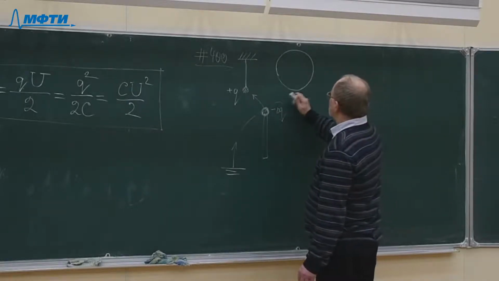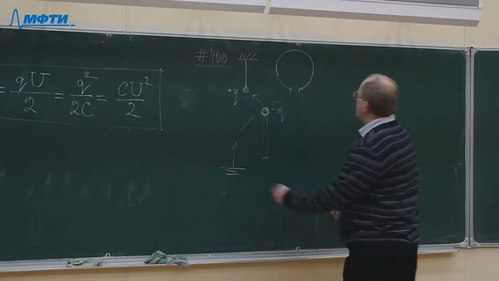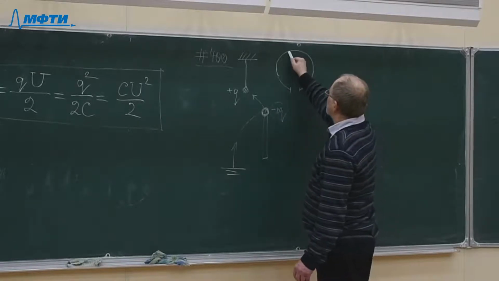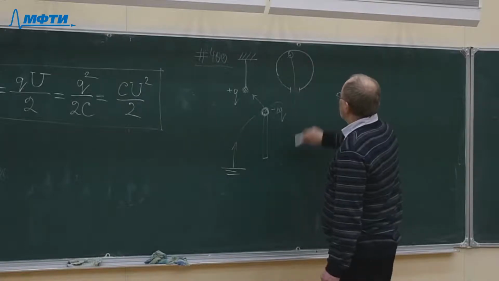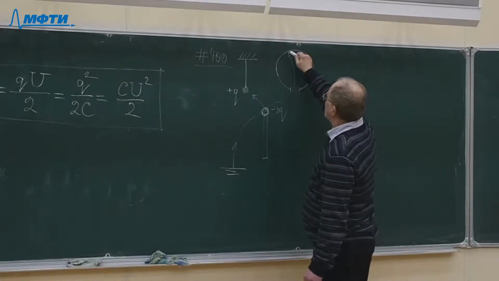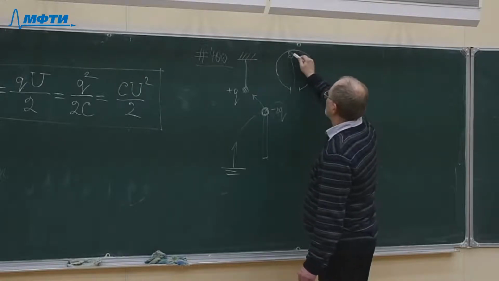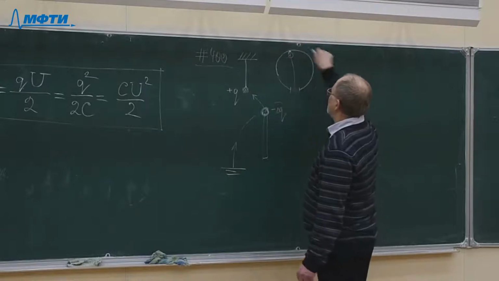But the procedure to place it will be very peculiar. We make a small hole here, and we insert this charged ball inside and touch the surface of the sphere from inside. We know that when we touch the conductor, both bodies, the large sphere and the small ball, if they are in contact, will form a single conductor.